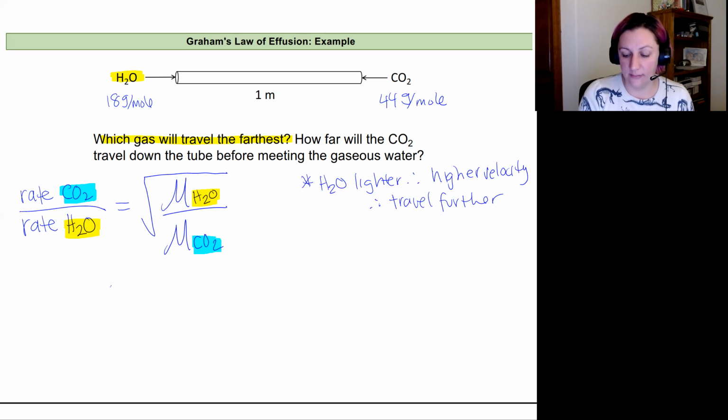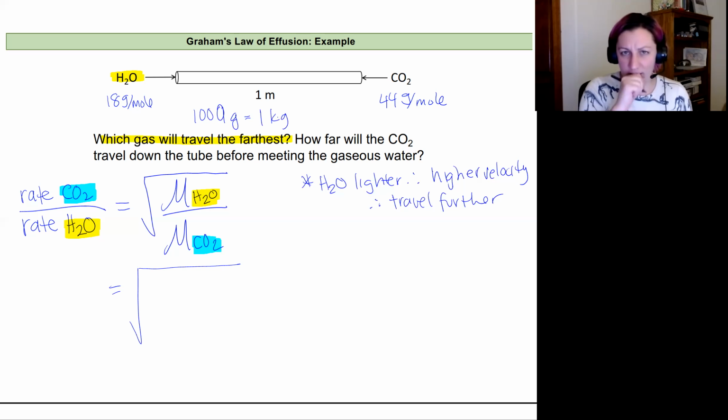So I'm going to set this up again, and I'm going to do this conversion in my head. Since we're looking at kilograms, to convert between grams and kilograms, 1,000 grams is equal to 1 kilogram.